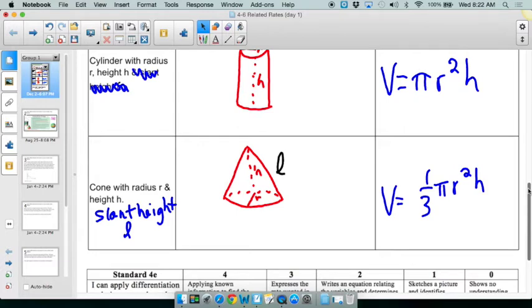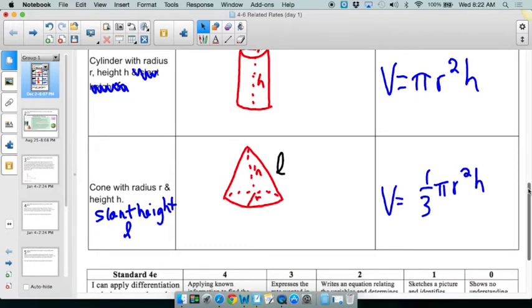If we take the cylinder and start filling it up with water, is the volume changing? Is the amount of water changing in the cylinder? Yes. Is the radius changing? No, that's constant. Is the height changing of the water? Yeah.